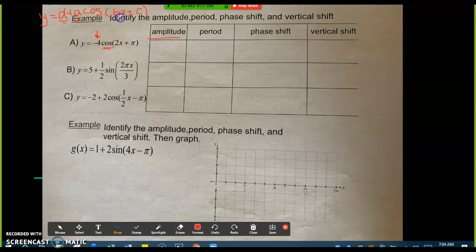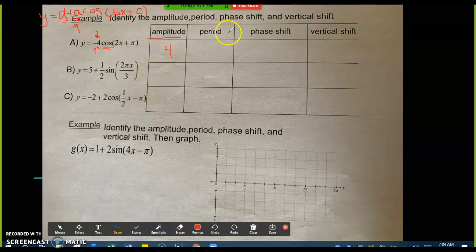So remember, our amplitude is going to be the A. So we're looking for that number in front. So my amplitude for this function should be 4. Now it is not negative 4. That negative is just telling me that when I graph it, I'm going to be putting a reflection on the graph.